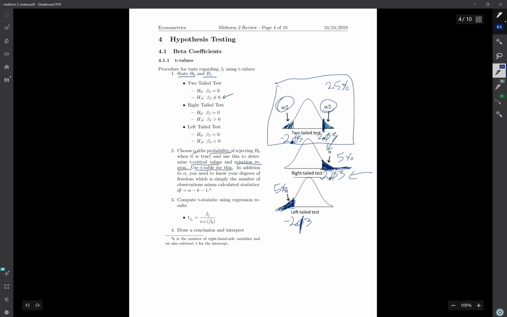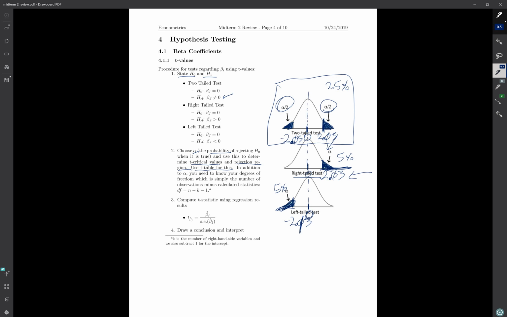Given this number we chose, alpha, we're saying that's far enough away from 0, our null hypothesis, which is going to be right here, such that we are willing to accept being wrong if we reject H0 when it's actually true.